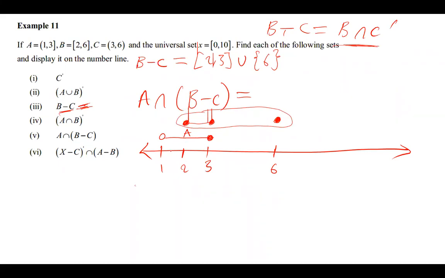So to find the common element between A and B minus C, we simply get what is common there, where the two sets are meeting, which is just that part. So the answer here, you just get the shaded part, which is just from 2 to 3.